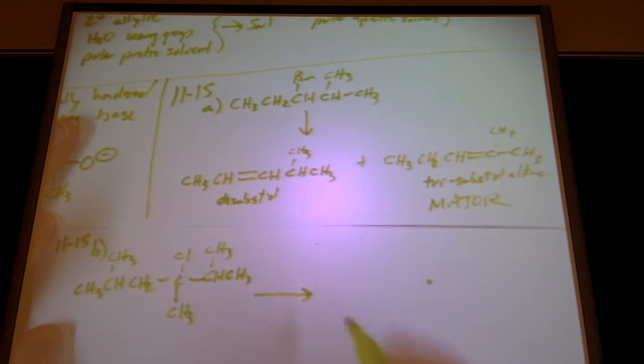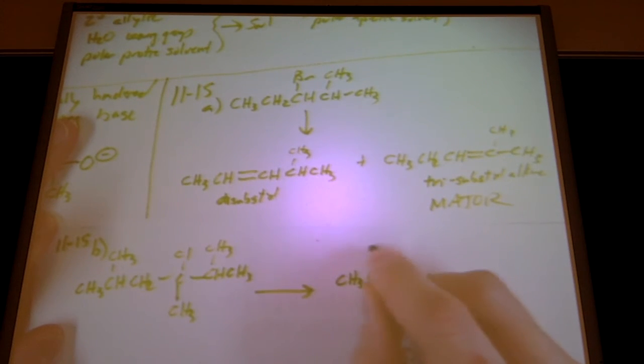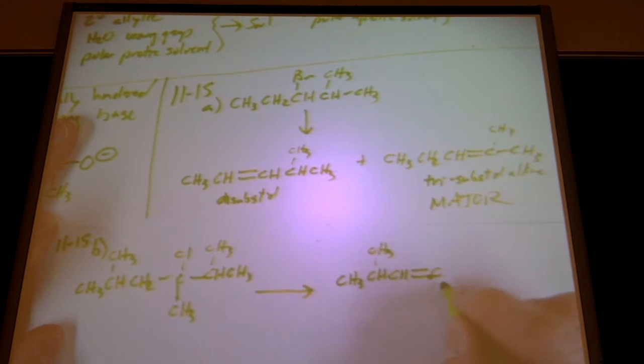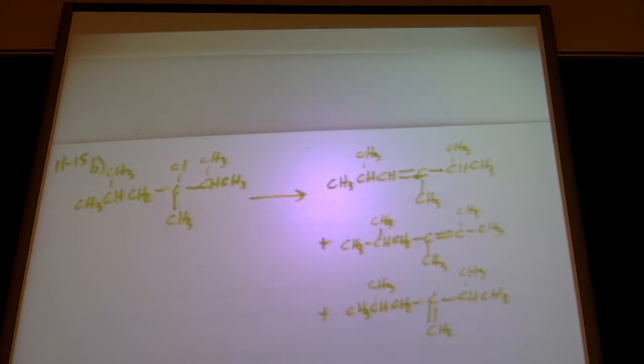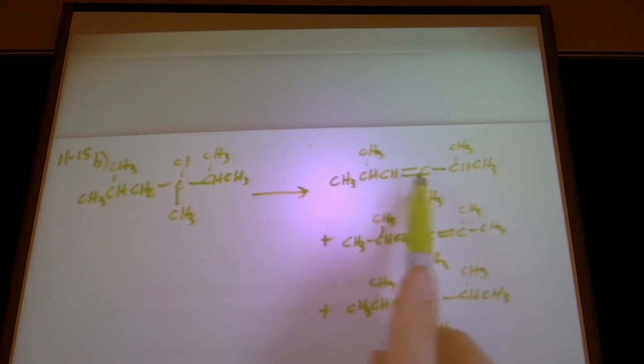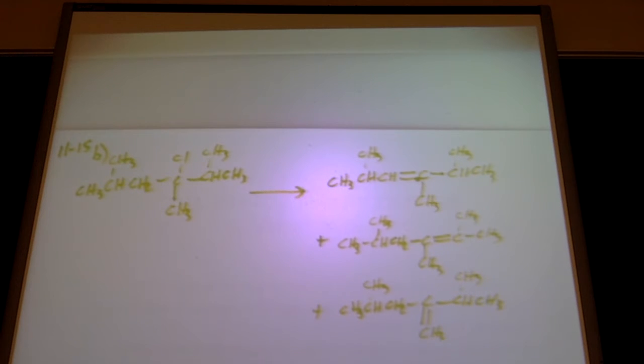Here I have three adjacent positions, so I have three possible products. So I just went to each adjacent position: to the left, to the right, and then going down.